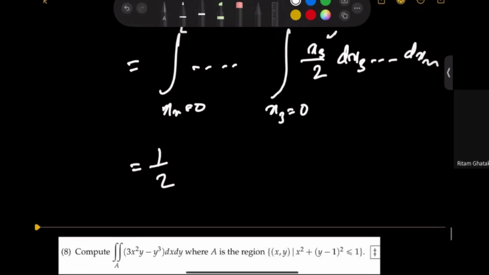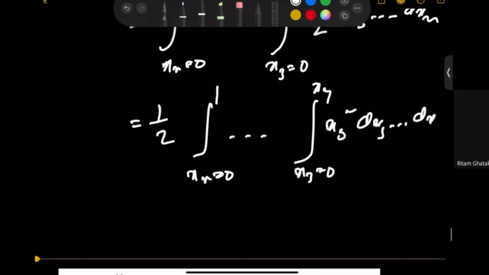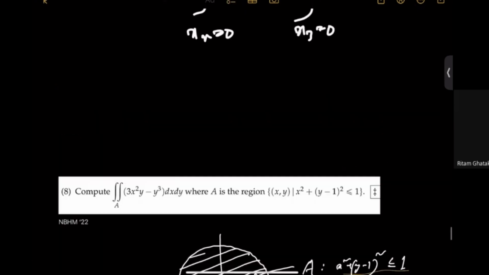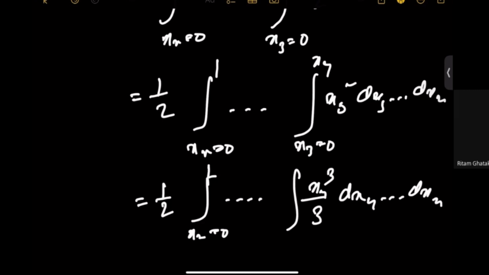So 1 by 2 into the integral of xn from 0 to 1, and x3 from 0 to x4 of x3 square dx3 dxn. If you integrate x3 square, it will be x4 cube by 3, dx4 up to dxn. x4 will go from 0 to x5.